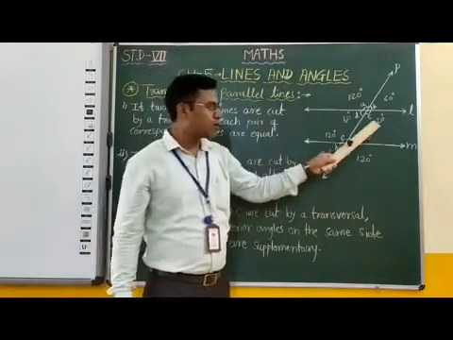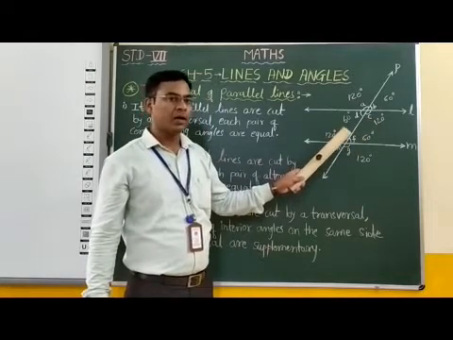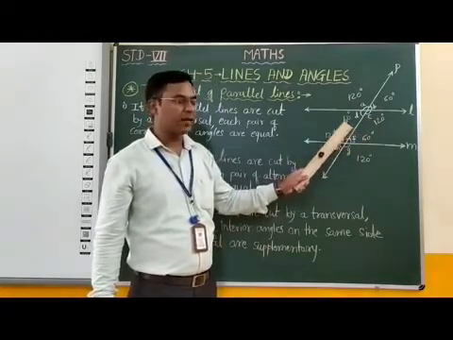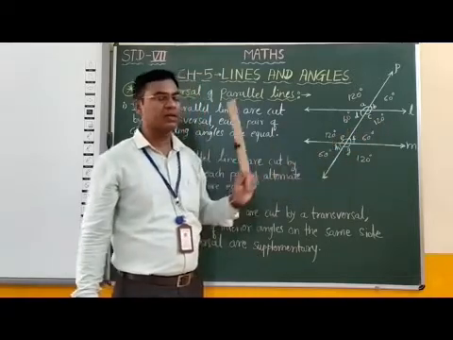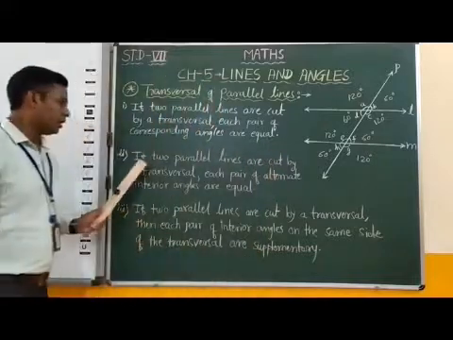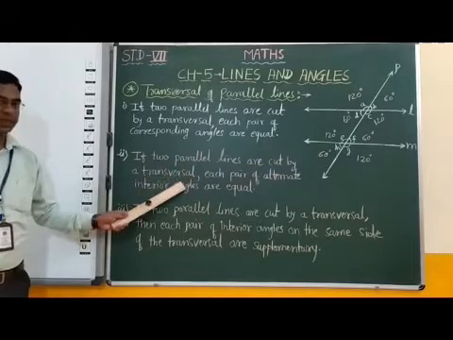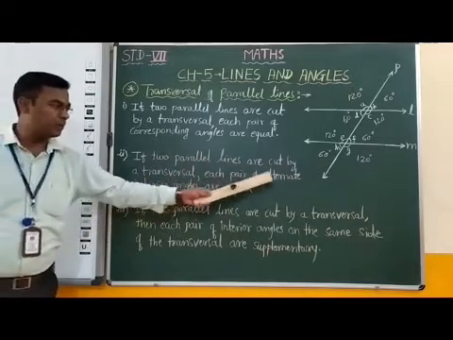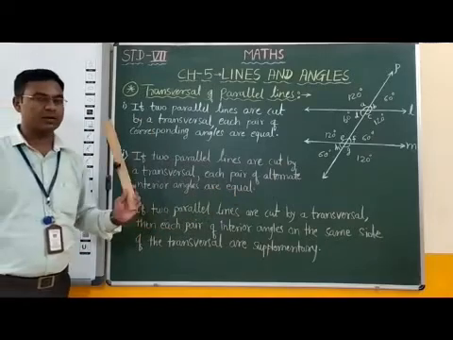If you observe angle C and angle E, both angles are alternate interior angles and both are equal, that is 120 degrees. Therefore, we can say that if two parallel lines are cut by a transversal, then each pair of alternate interior angles are equal.